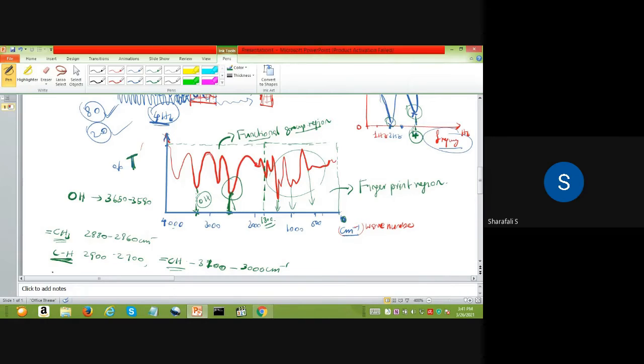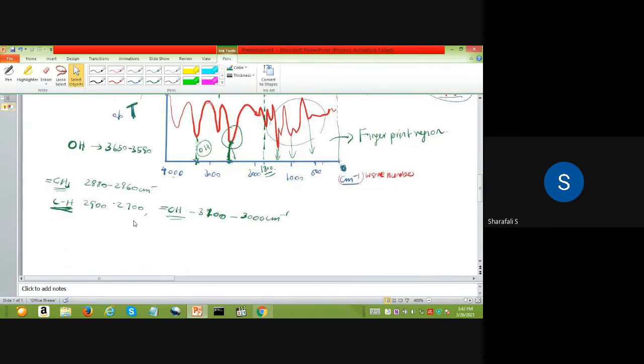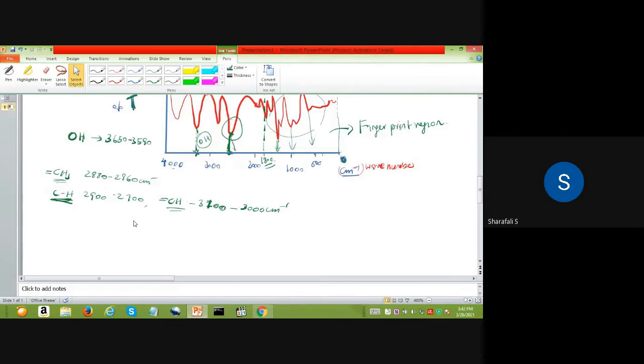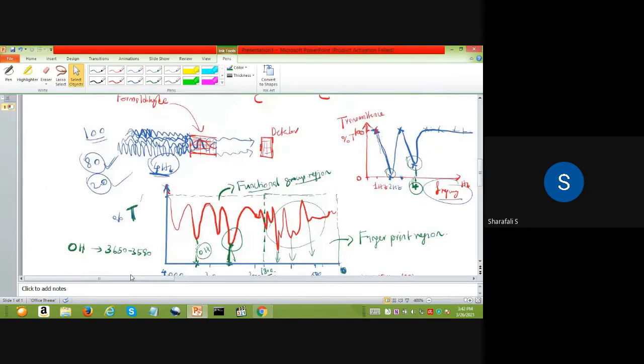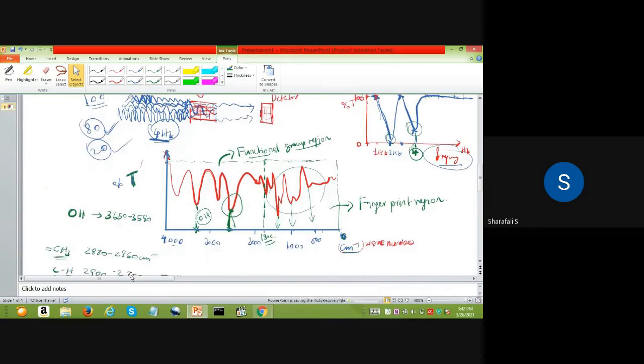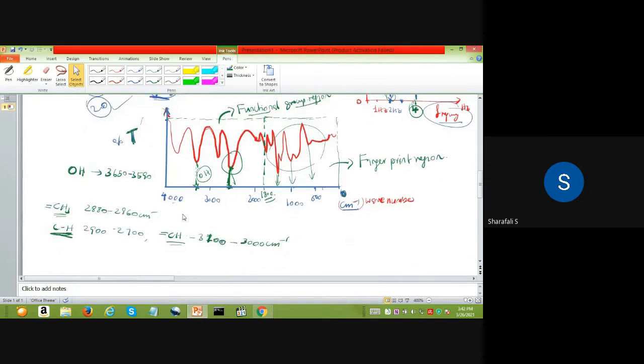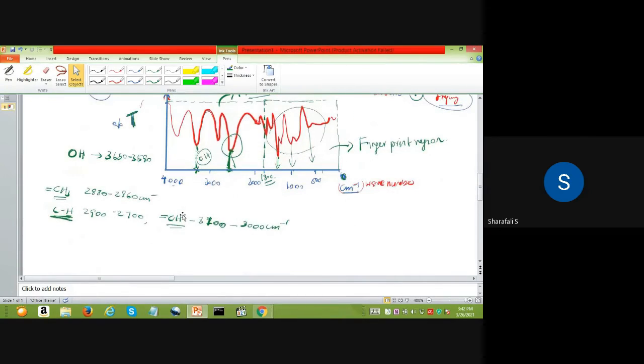Now we will discuss something about the bonding. Otherwise, you can just check that table, then you can understand which kind of group it is.